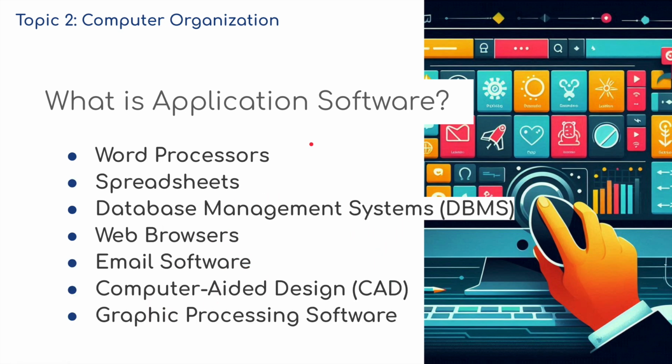It includes word processors, Microsoft Word, Google Docs, spreadsheet software, Excel, Google Sheets, database management software like Microsoft Access, web browsers such as Safari and Google Chrome, email software, Outlook, Gmail, computer-aided design, 3D modeling, things like Tinkercad and Google SketchUp, and graphic processing software, including Adobe Photoshop, Adobe Illustrator, CorelDRAW.